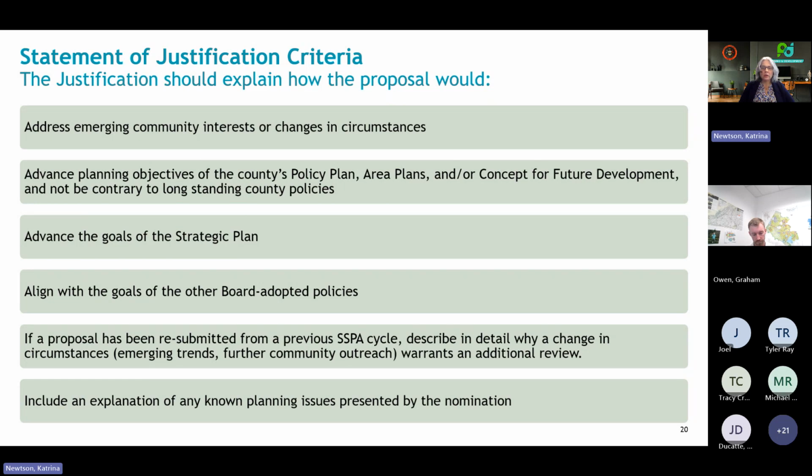It should also include an explanation of any known planning issues presented by the nomination. For example, redevelopment of existing residential uses, inconsistency with the concept for future development, or encroachment into an RPA, a resource protection area, or other environmentally sensitive areas. These are just a few examples of what might be on that list.